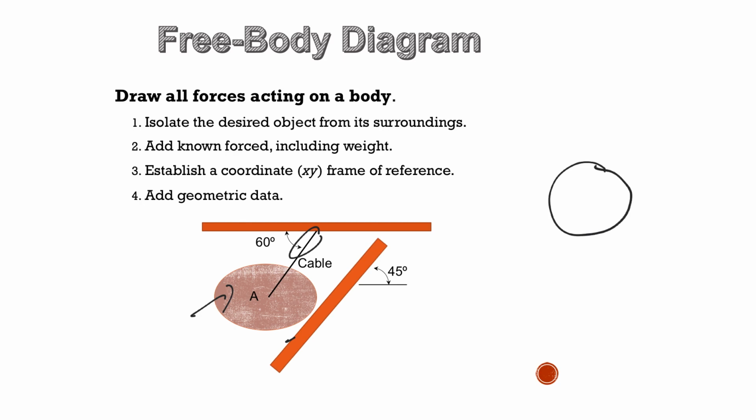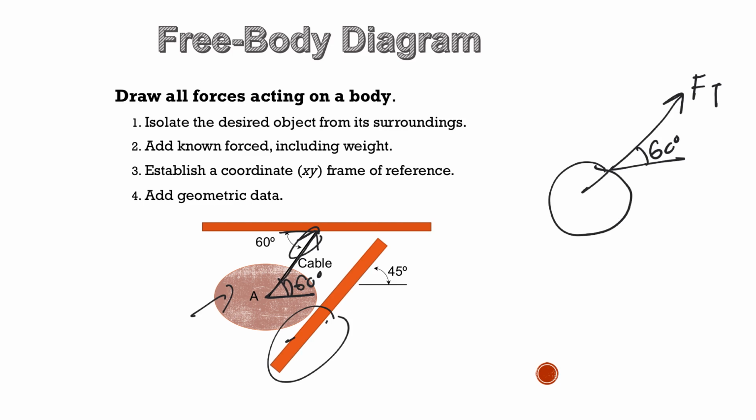Okay, so I draw it again. I have a sphere here. Tension in the cable. Remember, tension is always outward, so that's the reason why I draw it that way. Tension there, FT, and the angle is going to be 60 degrees. Then you get 60 degrees here. And then this object also applies a force, which is perpendicular. It looks like an inclined plane, and please take note, it is always perpendicular to the surface. So which direction is it going to be?